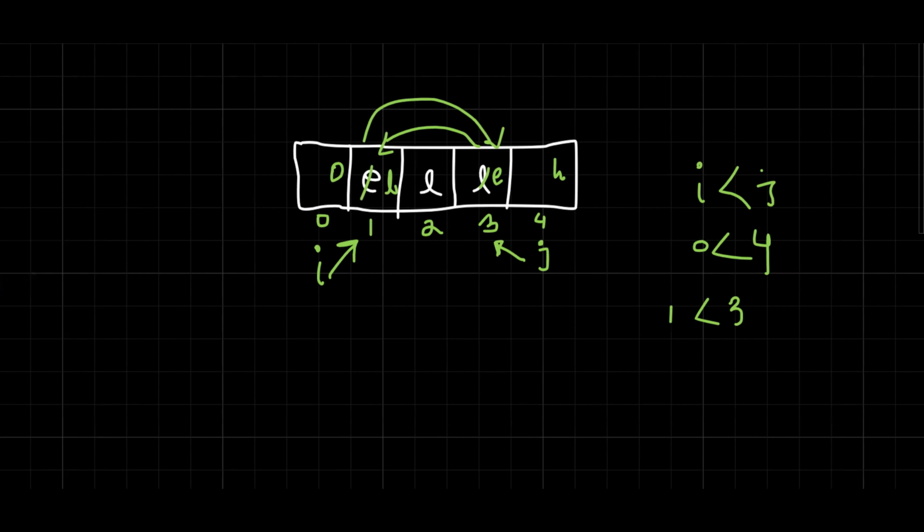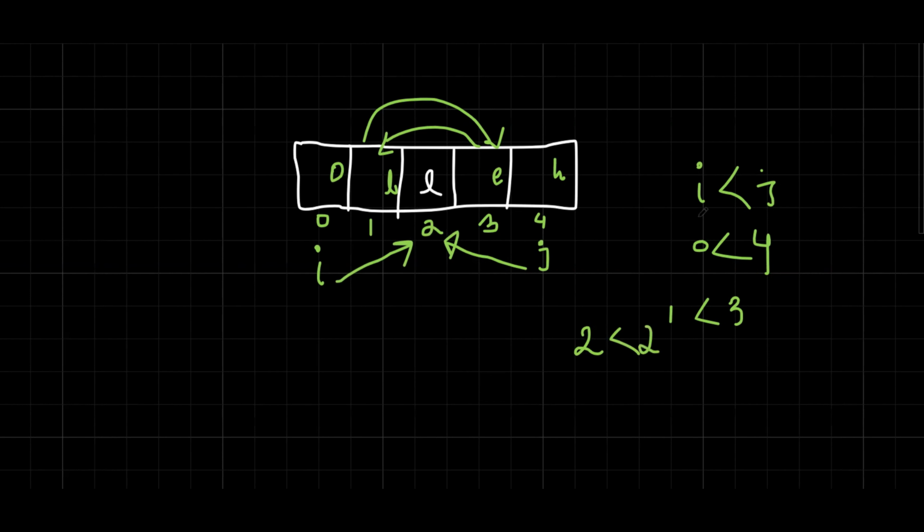Now we have to increment the value I and decrement the value J. And if we increment the value I, it will point here. And if we decrement the value J, it will point here. But wait, this 2 is not less than this 2.